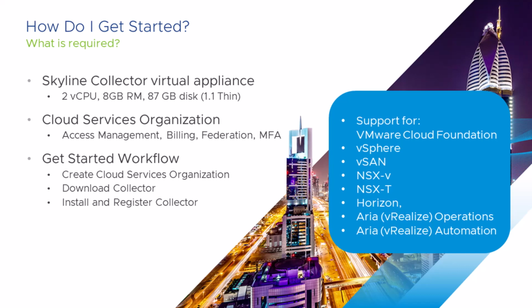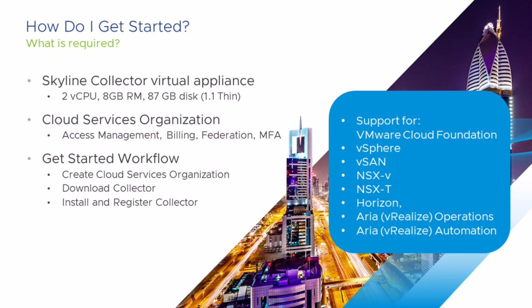So again, you can think of the cloud services organization as a container that sits inside of VMware Cloud Services and that you can then use or consume additional services, say for example, services like vRealize Operations Cloud, VMware Cloud on AWS as well. All of these services would be inside a single organization and then you can divvy up access to those services.